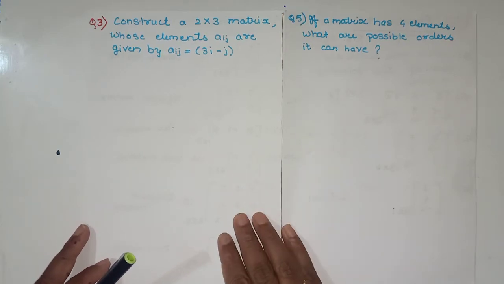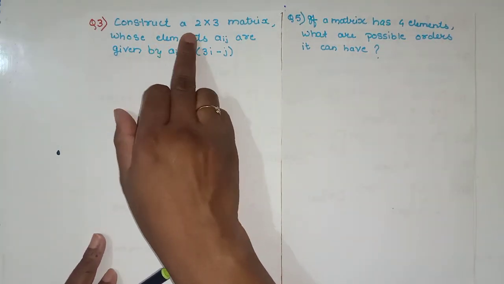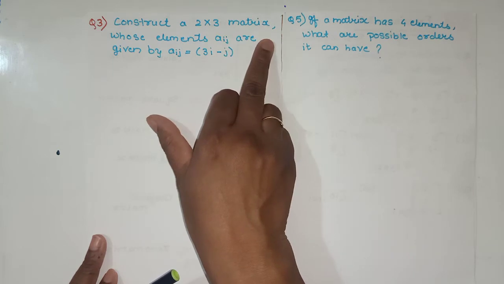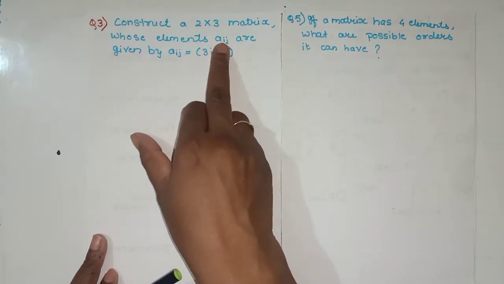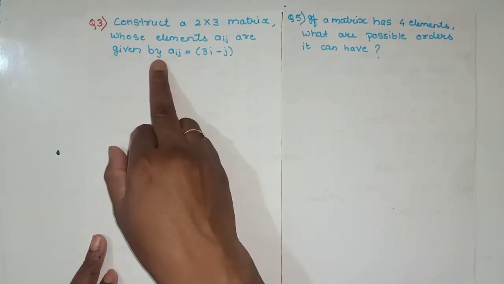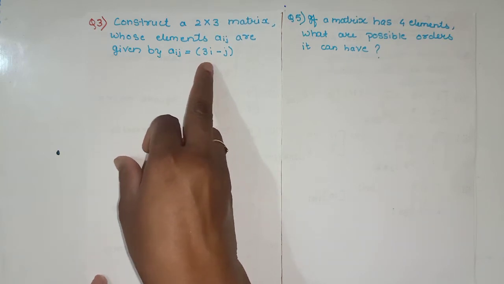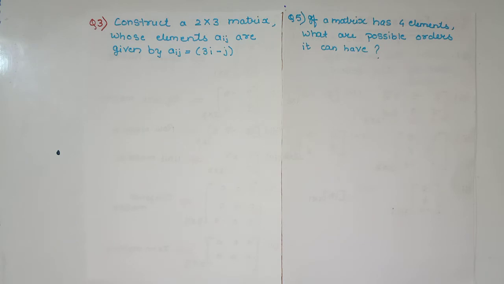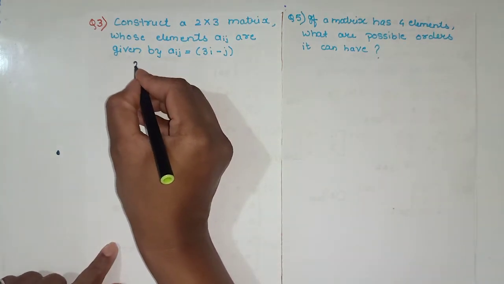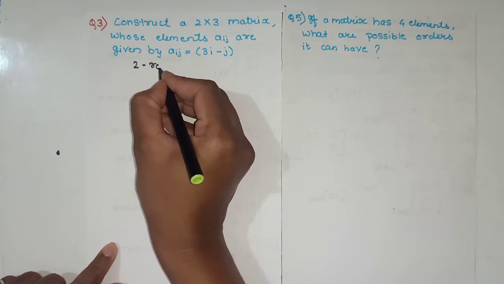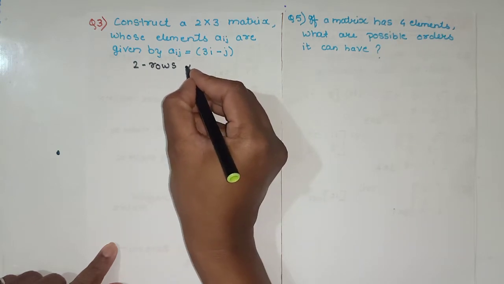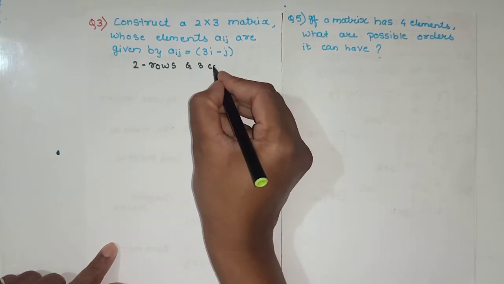In this question number 3, it is asked: construct a 2 by 3 matrix whose elements Aij are given by Aij equals 3i minus j. Now, the order of the matrix is what? 2 by 3. It will have 2 rows and 3 columns.